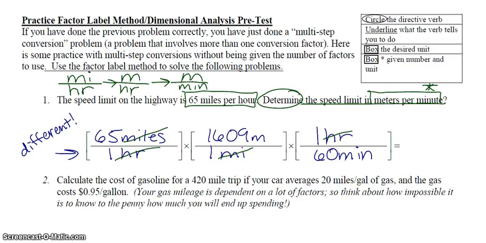So that leaves us with meters over minutes as the only units not marked. So that leaves us, if we do the math in our calculator, at 1,743 meters per minute.